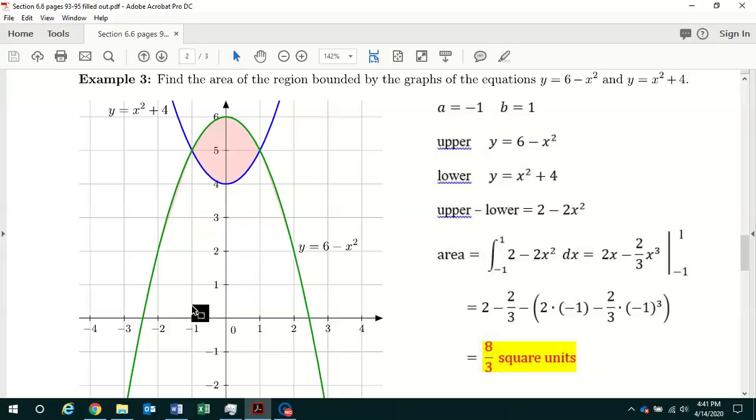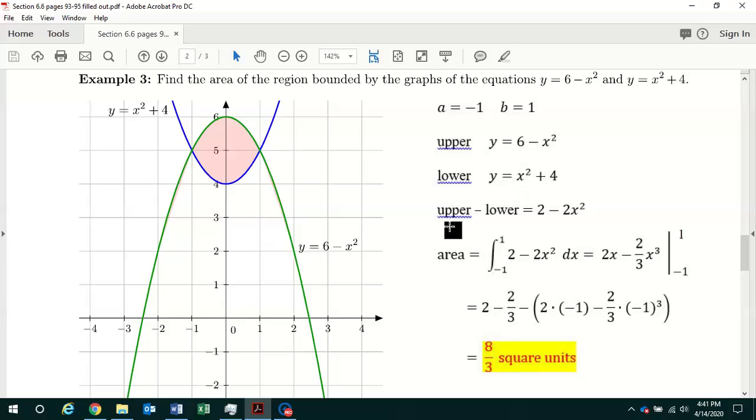Well, you'll notice that the graphs of the two equations intersect at x equals -1 and at x equals +1. So a is equal to -1 and b is equal to +1 in this case. The upper equation is y equals 6 minus x squared. The lower equation is y equals x squared plus 4.